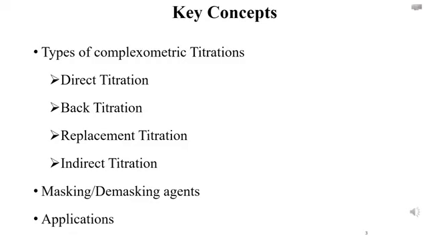So in initial stage, when metal ions and EBT complexes form, then its color will be wine red, and when EBT is in free form, overall color of solution will be blue.